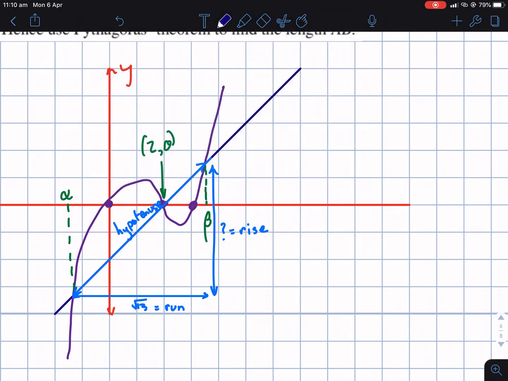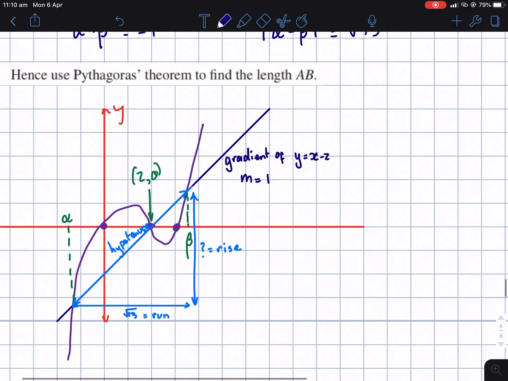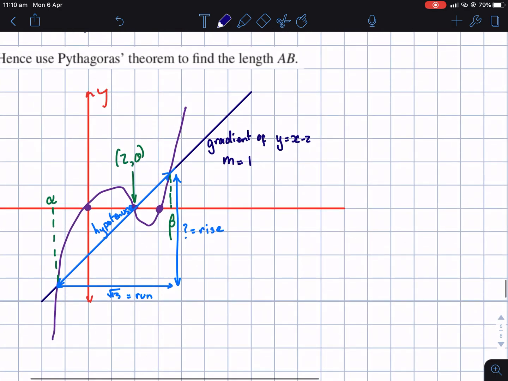So, we know the gradient of this line, because that's y equals x take 2. The gradient is 1. So we've got a few things first to find out. So firstly, we need to find out the rise.